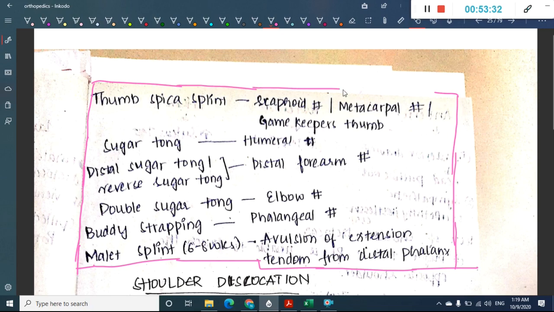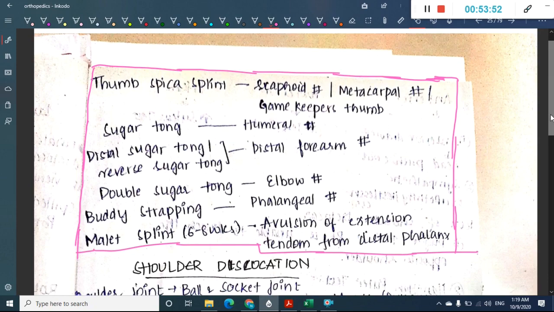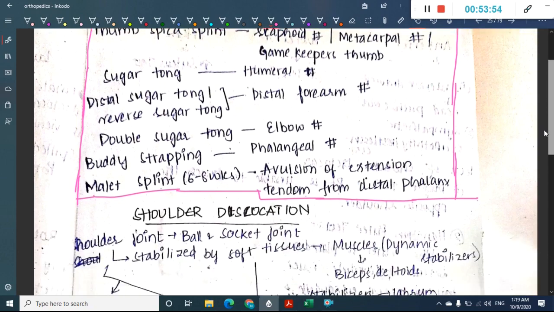Then we have double distal sugar tongs or reverse sugar tongs, which is for distal forearm fracture. Buddy strapping is for phalangeal fracture. And we have mallet splint, that is 6 to 8 weeks for avulsion of the extensor tendon from the distal phalanx. So these are the different splints and tractions available.